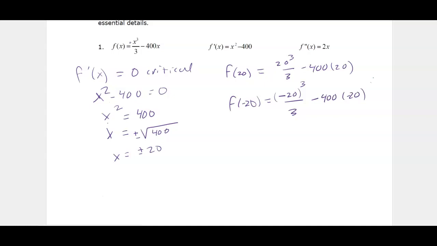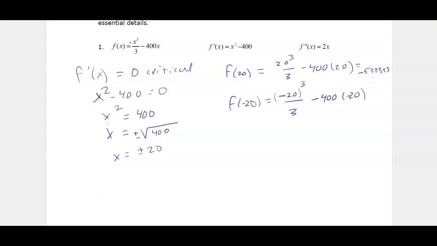And when I do each of those, for f of 20, I get negative 5,333.33.